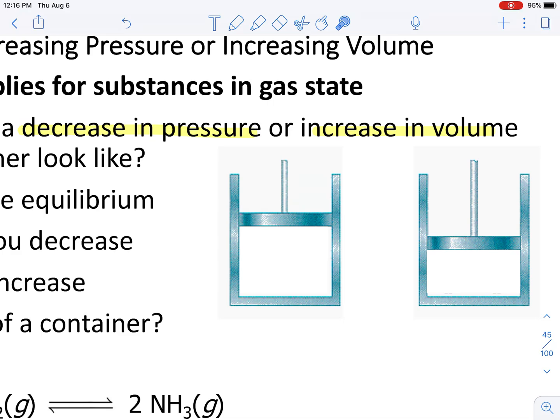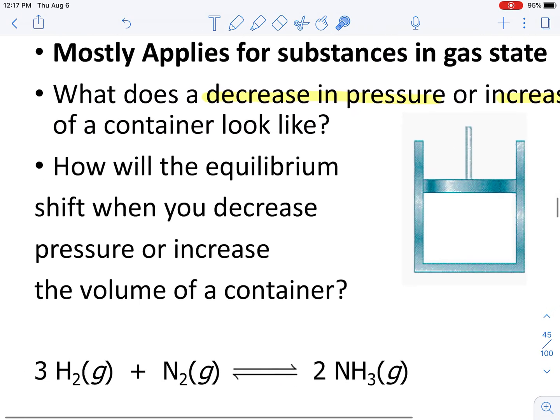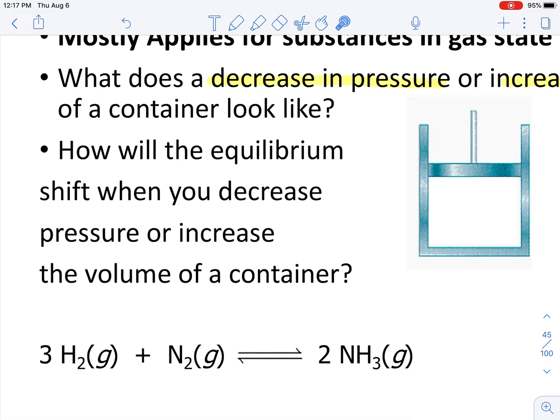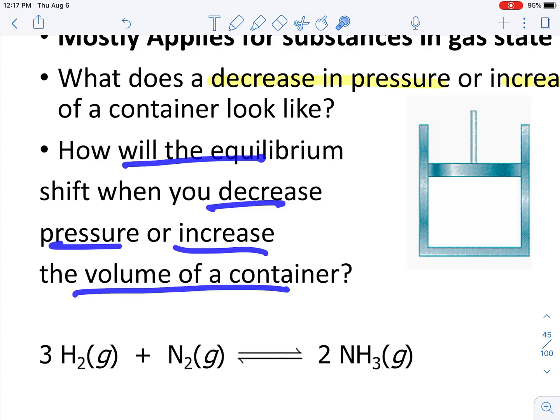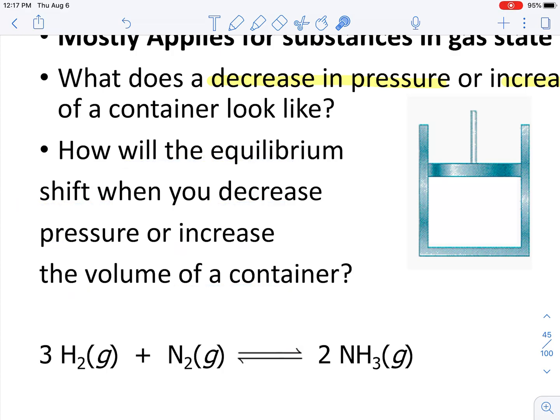And when you decrease the pressure of the balloon, the original shape of the balloon will be reformed, thereby the volume of the balloon will increase. And so if we decrease the pressure and increase the volume, how will the equilibrium shift?